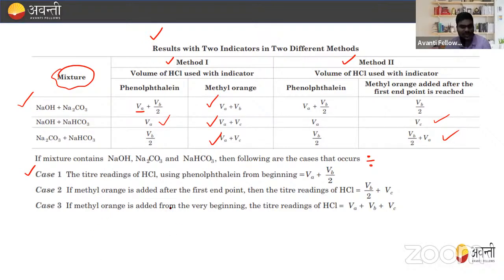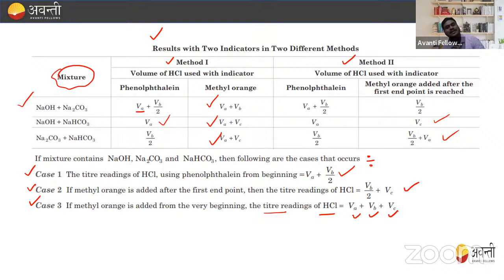Case 2: if methyl orange is added after the first endpoint, then the titrate reading of HCl is Vb by 2 plus Vc. Case 3: if methyl orange is added from the very beginning, the titrate reading of HCl is equal to Va plus Vb plus Vc. So this is how we actually calculate this, right?